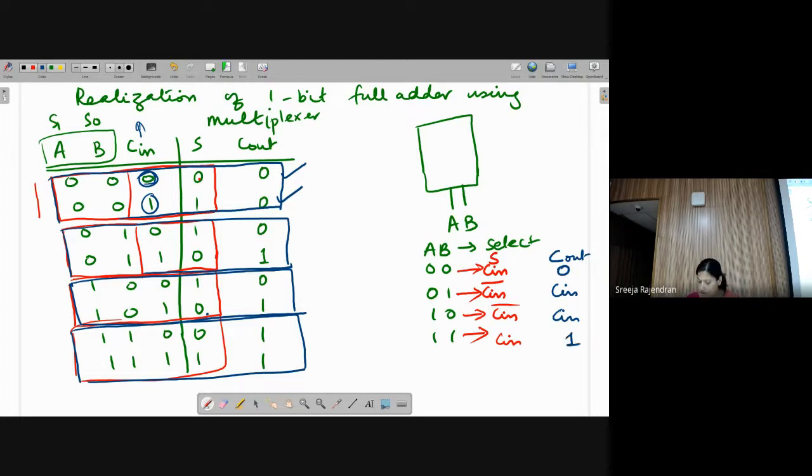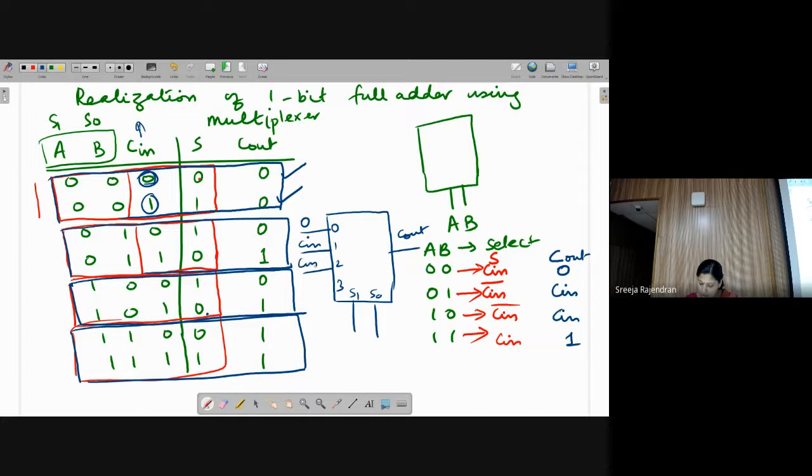So 1. Okay. So now I can again draw a mux. 0 1 2 3. I have my selector S1 S0, and I have C out as my output. So here what comes in? The first input, 0 0 condition, it is 0. Next one, it is C in.